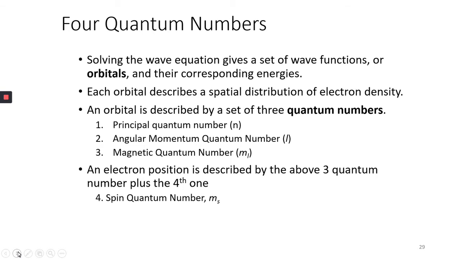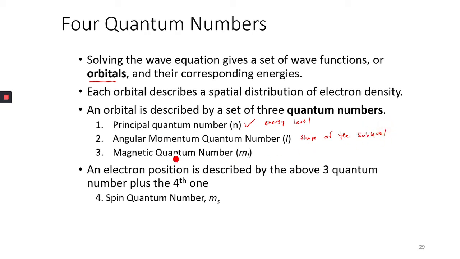So there are 4 quantum numbers, and in order to describe your orbital, remember, the path that the electron is taking, you only need 3 of them. You need your principal quantum number, which we just said is your energy level. You need your angular momentum quantum number, which describes the shape of the sublevel.